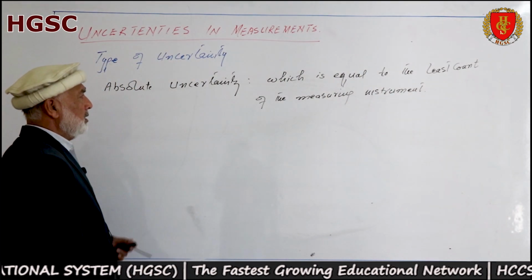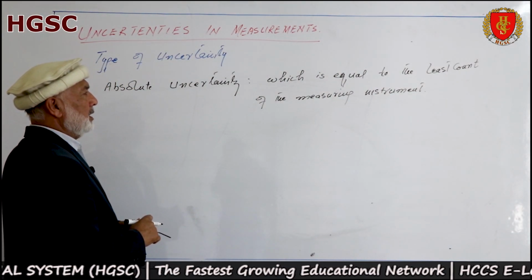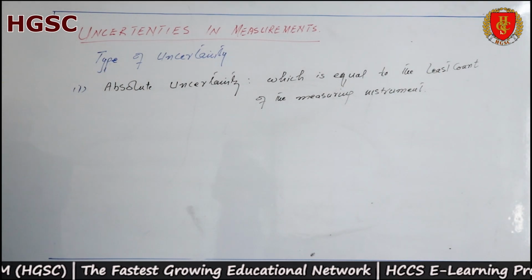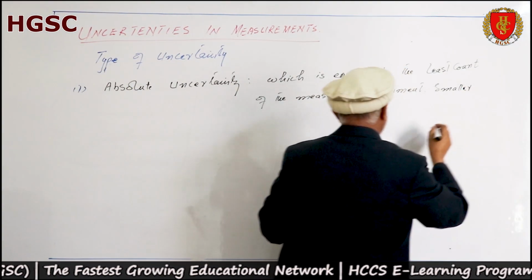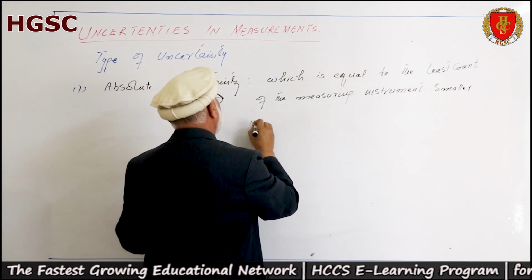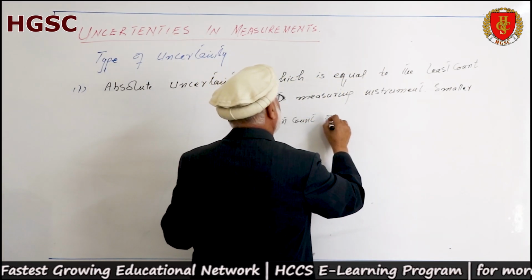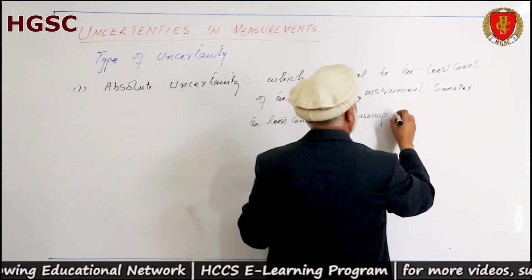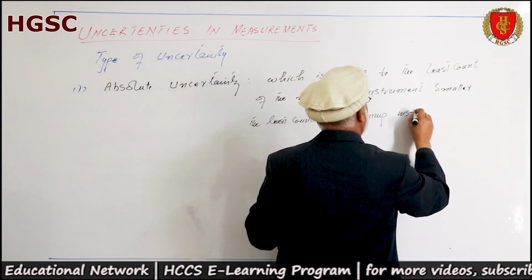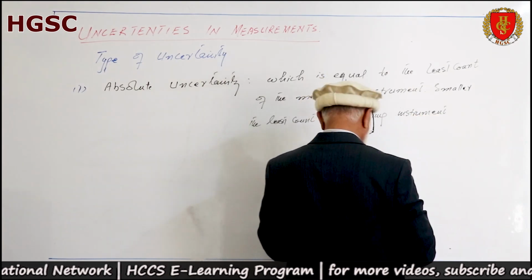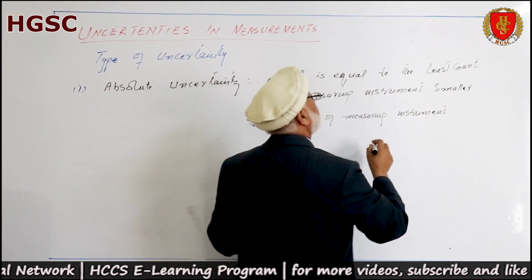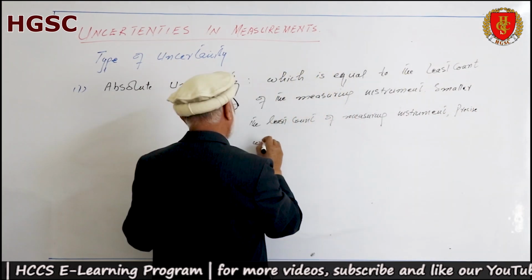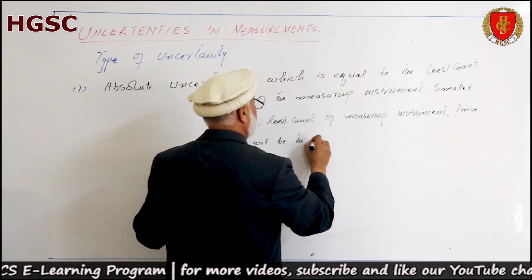Absolute uncertainty is equal to the least count of the measuring instrument, and the smaller the least count of the measuring instrument, the more precise will be the measurement.